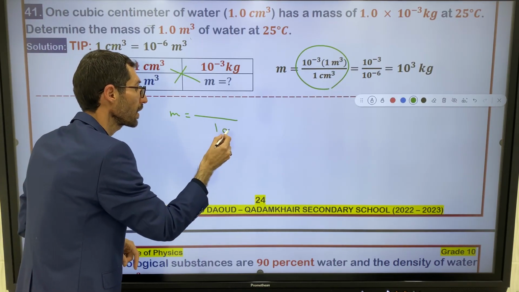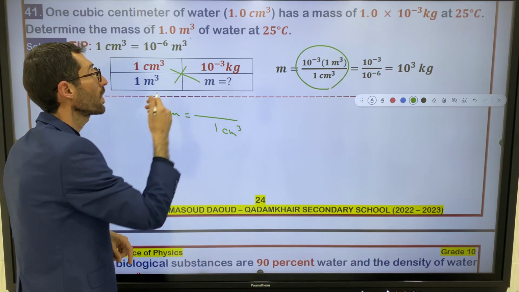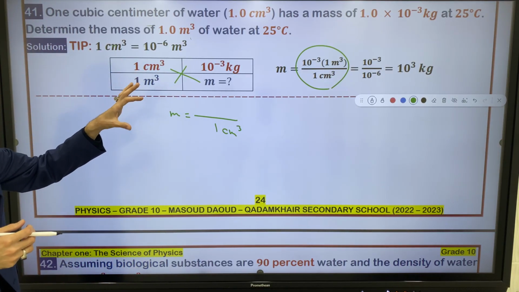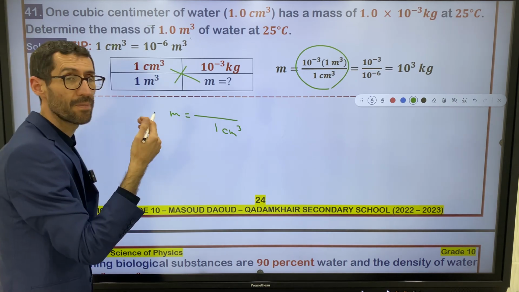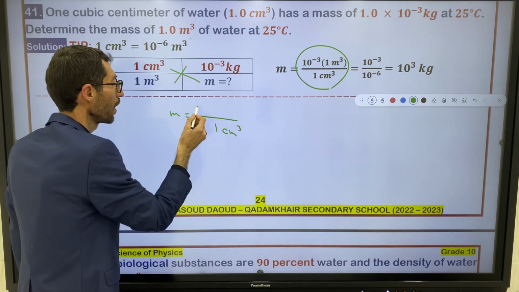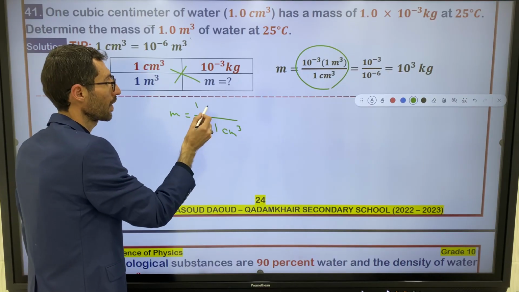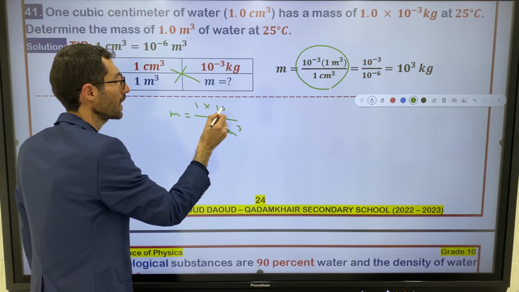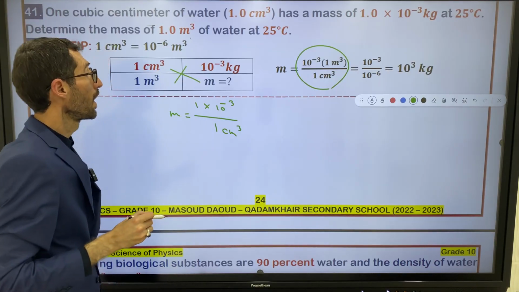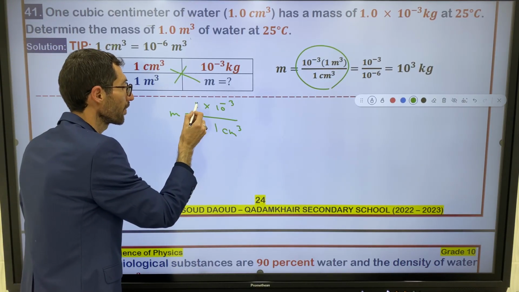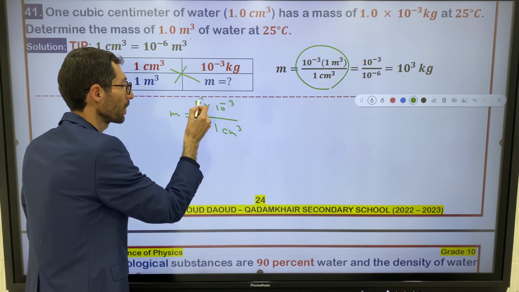So we have 1 cubic centimeter. What goes to the numerator? We have 1 cubic meter times 10 to the power negative 3, right? Let me write the unit here, 1 cubic meter.